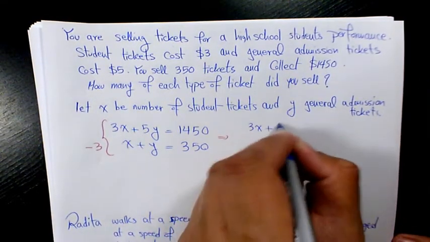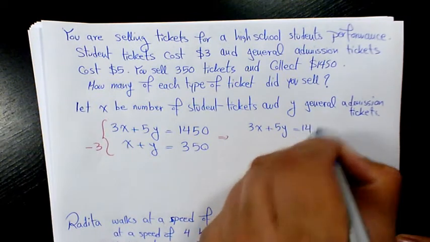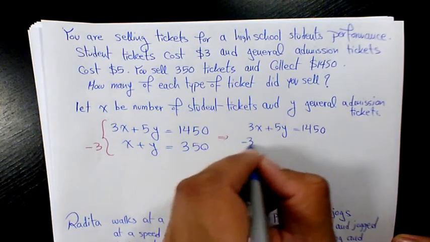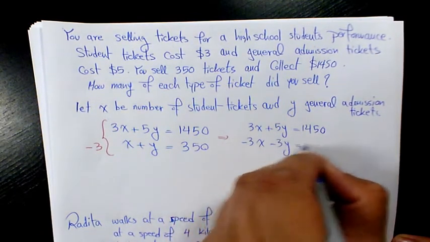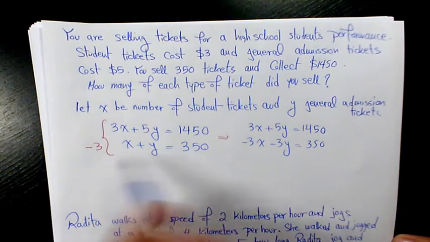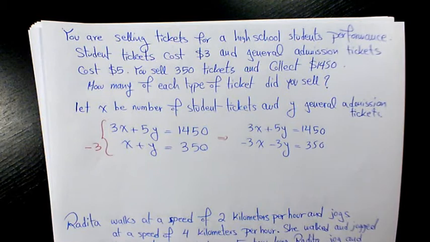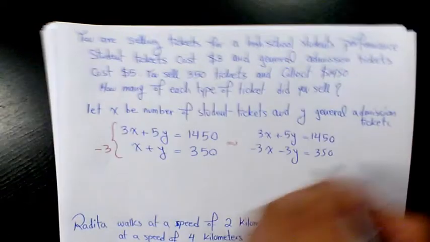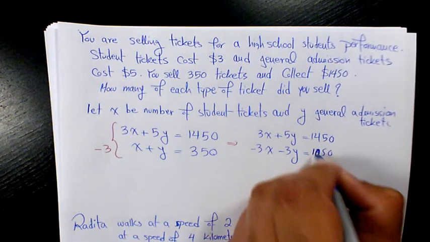So therefore, we're going to have 3x plus 5y equals 1450, and here we have negative 3x minus 3y equals negative 1050. 350 times negative 3 is negative 1050.